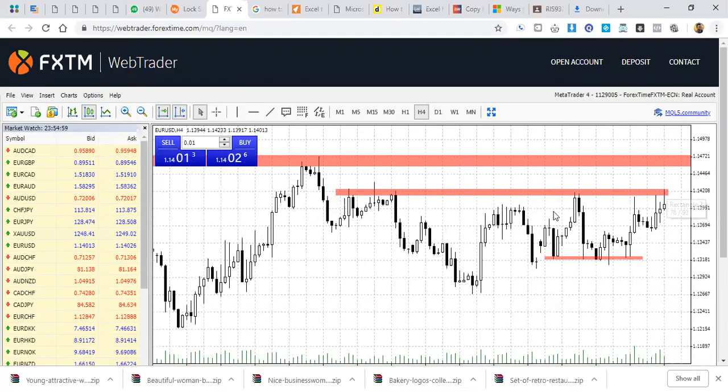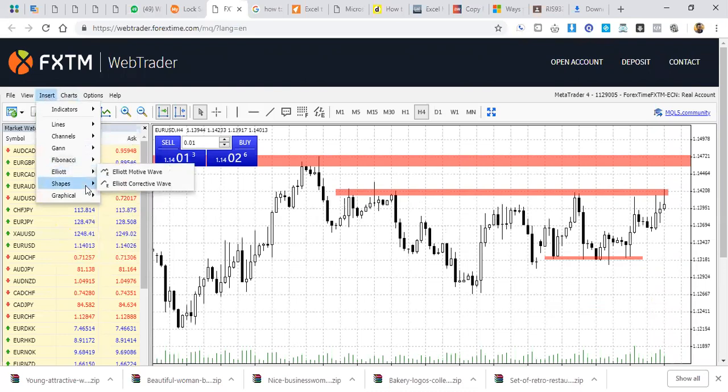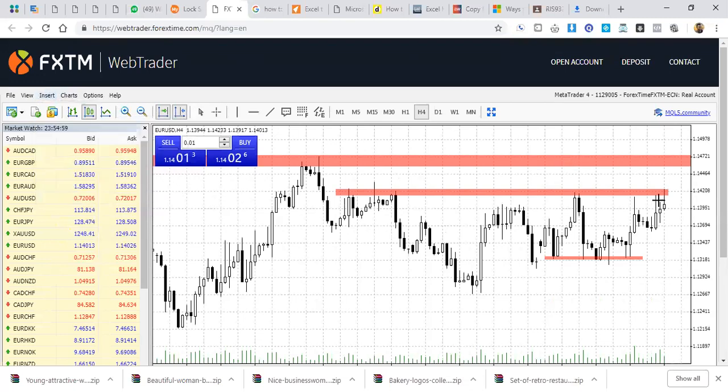Technically what will happen is that either the market will break this level above. If we close above this level, we are going to continue above.